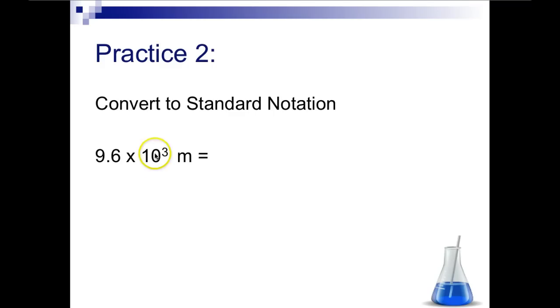Our exponent is positive, so we're going to move it to the right 3 places. And we get this, 9,600. What about this one? Again, our exponent is positive, so we're going to move to the right. We're going to move to the right 2 places, and we get 807. Awesome.